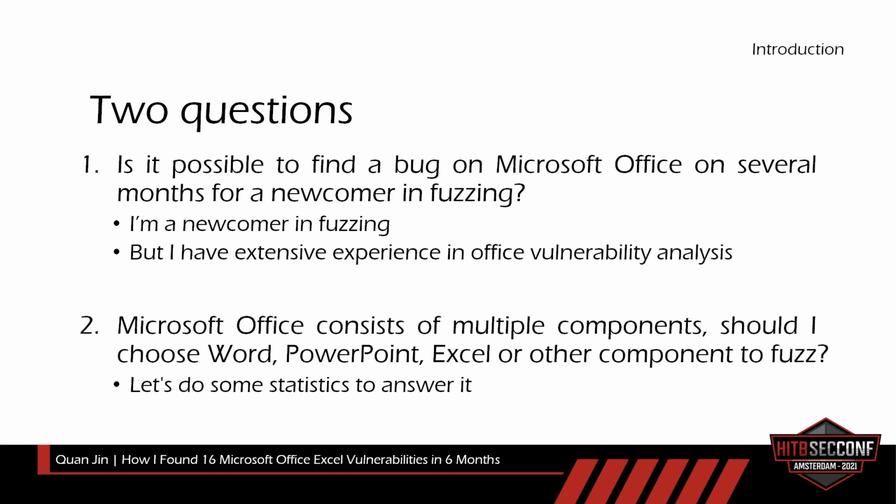To answer the second question, I counted the Microsoft Office CVE numbers and their distribution from 2017 to 2020. The initial statistical time is up to April 2020, and I updated the statistical data in June 2020.